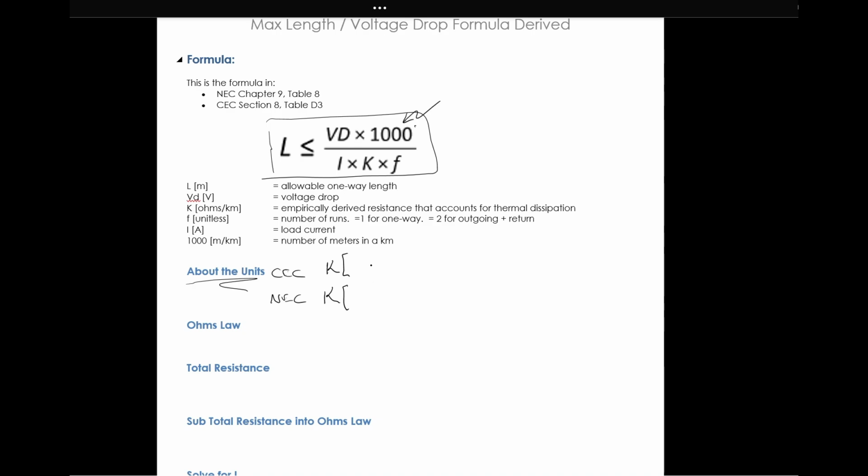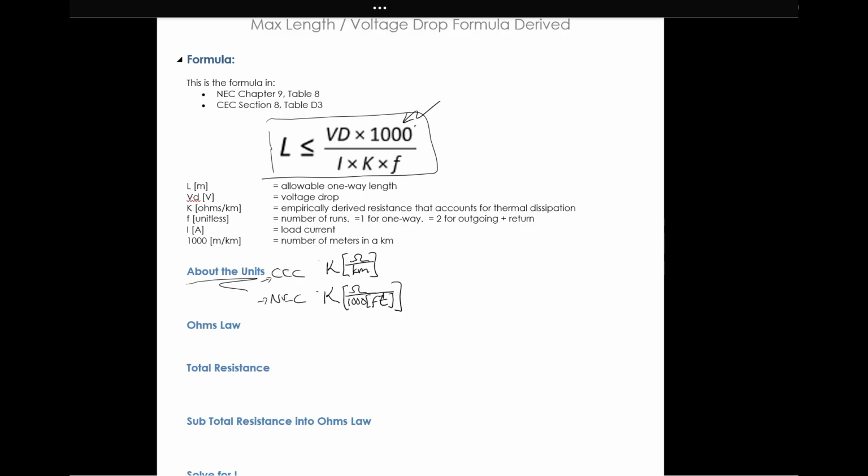If you look closely, it's in ohms per kilometer in the Canadian Electrical Code, and ohms, which is our resistance value, per 1,000 feet in the National Electrical Code. So whether you're in metric or imperial units, you're still converting by 1,000 to get rid of the kilometer or 1,000 feet, because you want this one expressed in feet and this one expressed in meters, not kilometers.